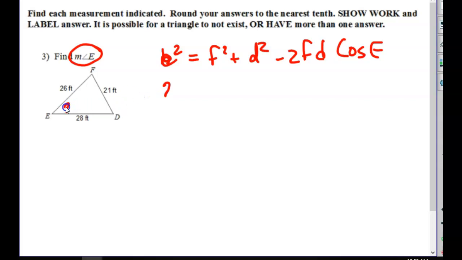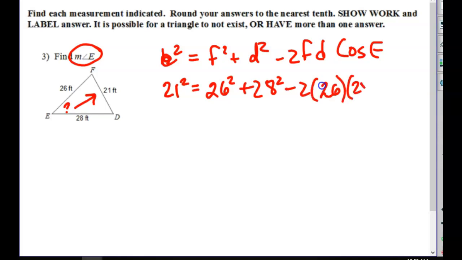If we're finding, well, maybe you're starting over here, I don't know. But if we're finding E, it would be 21 squared equals, and then the 26 squared and 28 squared minus 2 times what? 26 times 28 times the cosine of, and we're trying to find E. Now what? Because this doesn't go well.